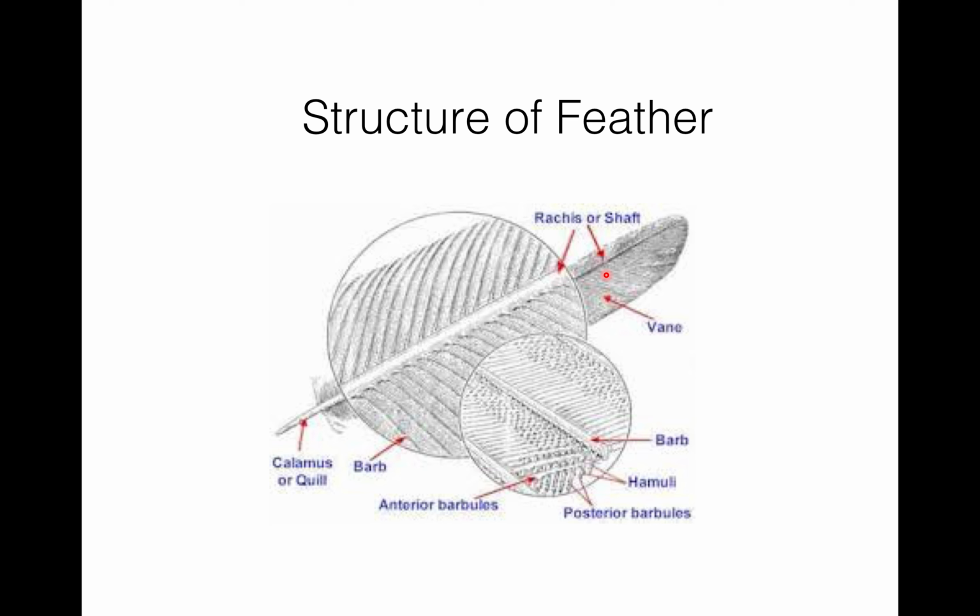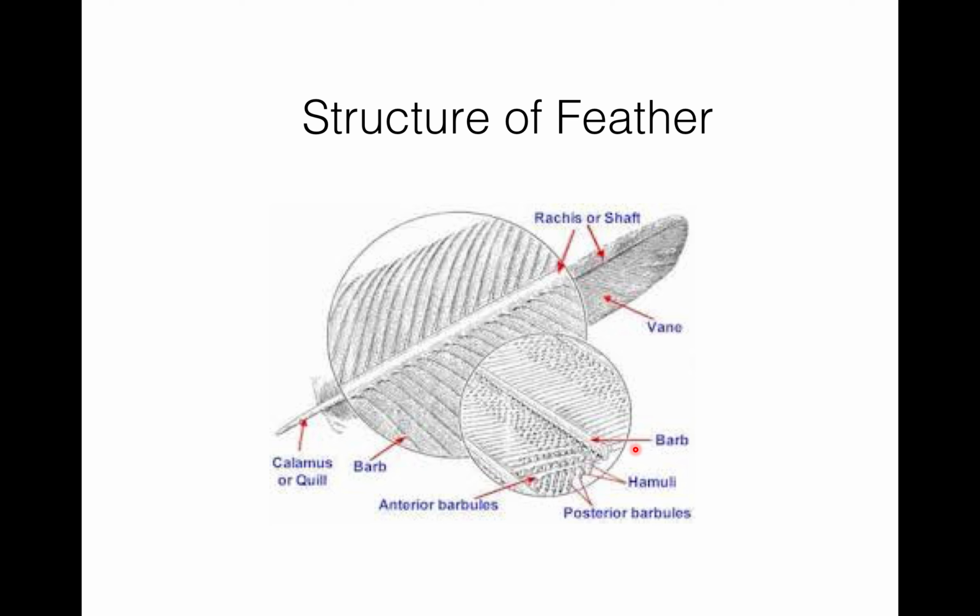Then the vein. The expanded membranous part of the feather is known as the vein or vexillum. It is divided by the rachis into two unequal lateral halves, and its distal end is narrower than the proximal end.